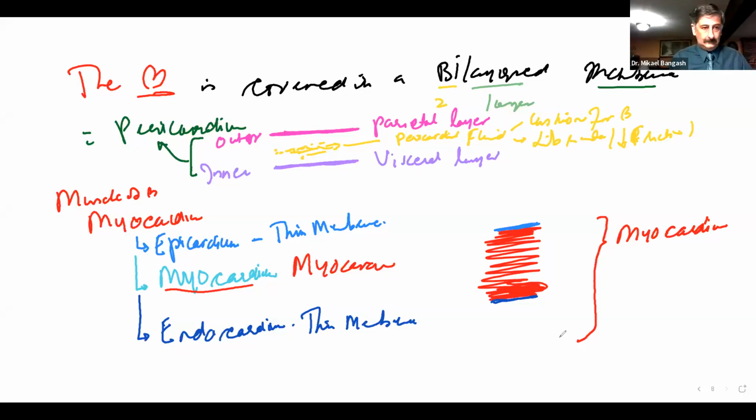Now this is where it becomes spooky. Because physically speaking, your visceral pericardium, or the visceral layer of the pericardium, and the epicardium, which is just that thin layer on the outside of your myocardium, physically is one and the same thing.